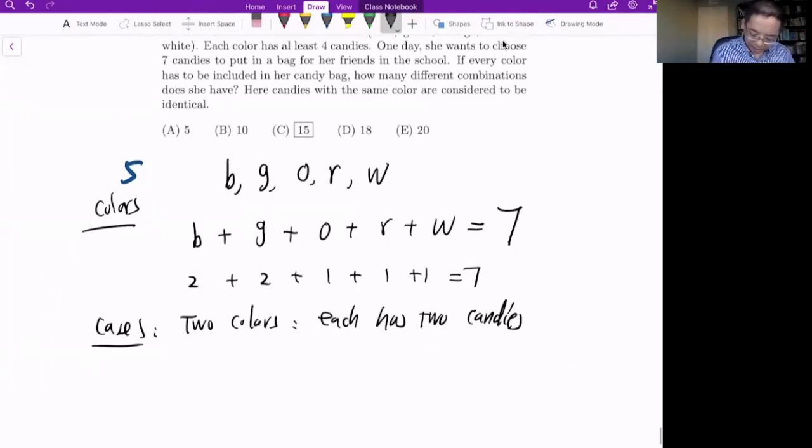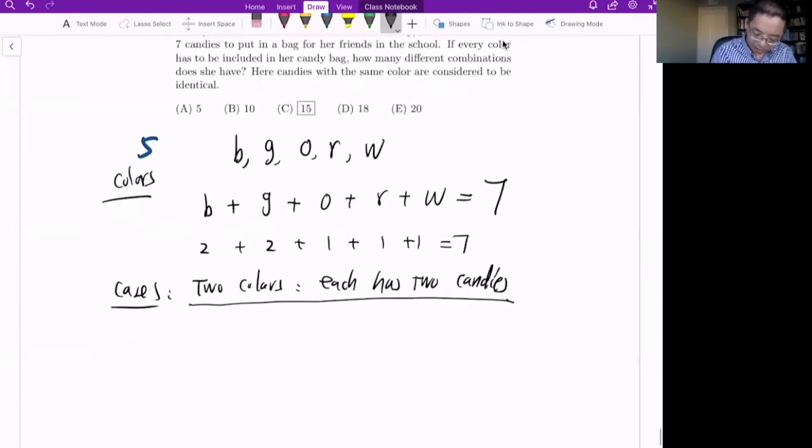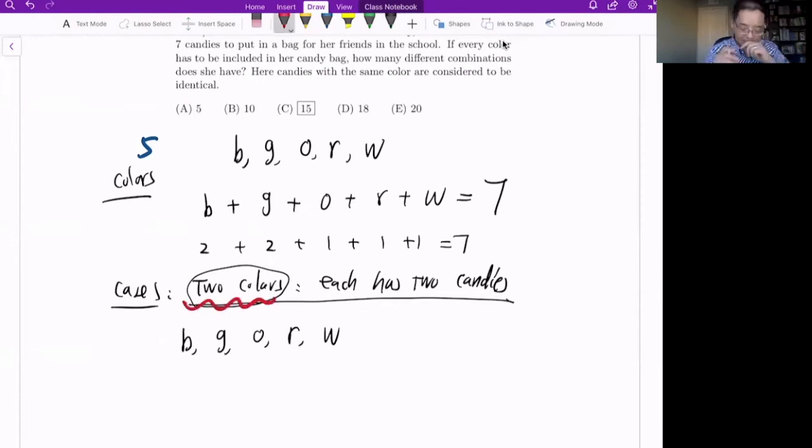All right, so let's see how many situations we have for this one. Well, you just need to decide which 2 colors. So you have 5 different colors, B, G, O, R, W. You need to choose which 2 colors each have 2 candies. You can choose blue and green, so that's 2 blue, 2 green, and then orange, red.